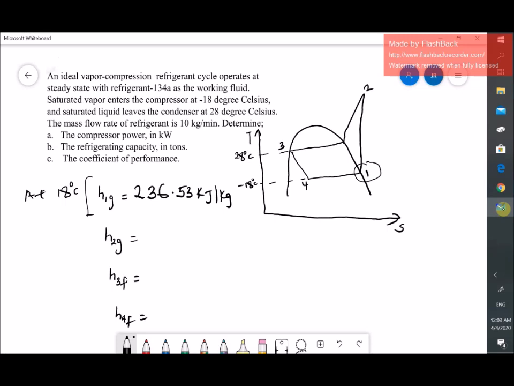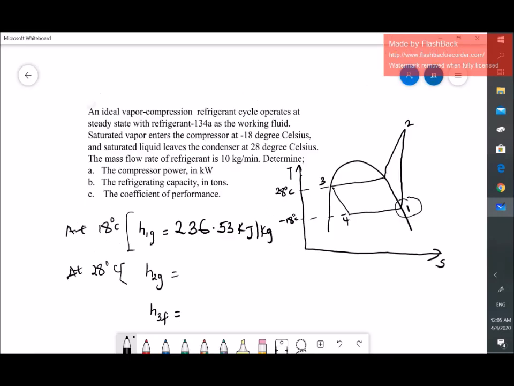All right. So at point 2, we use the temperature at 28 degrees Celsius, and we can find the value of H2 gaseous.